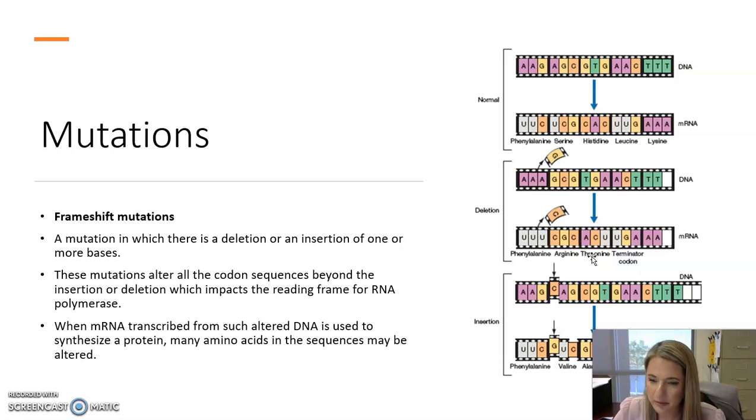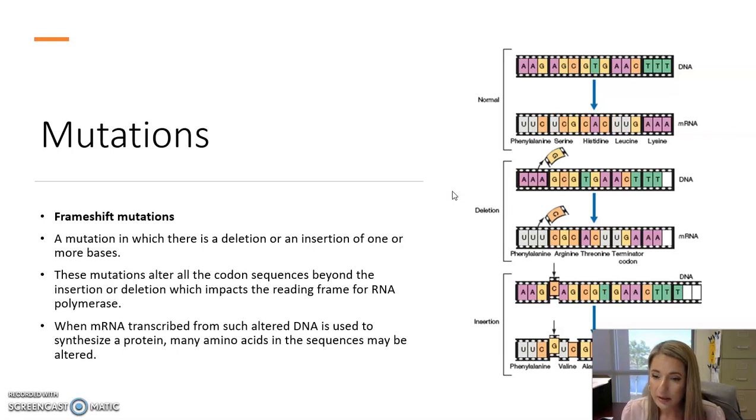It's the same concept with an insertion, except you're adding in an extra nucleotide. So we have an extra C here where we're not supposed to have one, which means we're going to have an extra G when we take the DNA and transcribe it into messenger RNA. Again, since we're adding in an extra nucleotide, when that ribosome reads those codon sequences, that extra one messes with the reading frame.